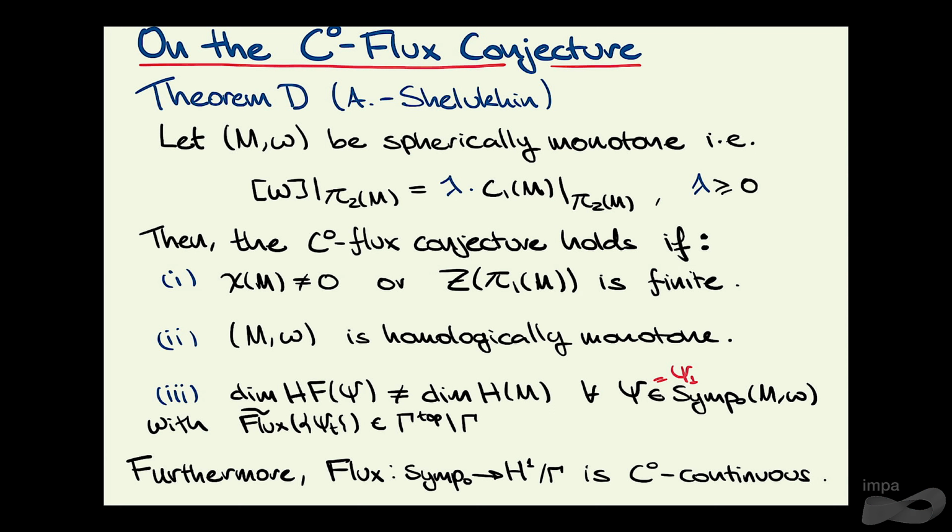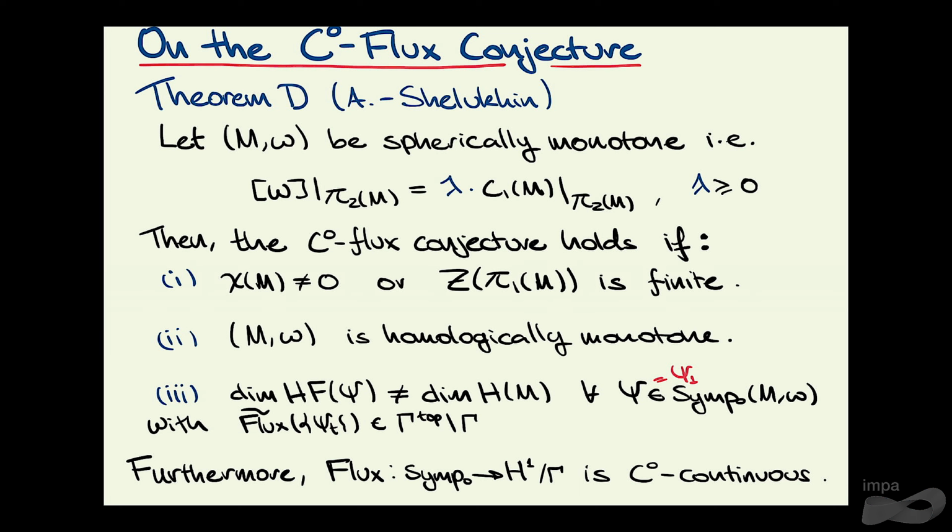So they're provably new examples, because it's usually hard to show that gamma top is not equal to gamma. And furthermore, we can show that the flux map from Sympl 0 to this quotient is C0 continuous. And this is new, I think, even for general tori.